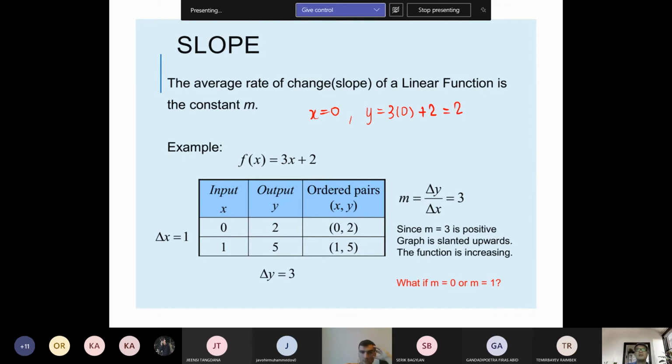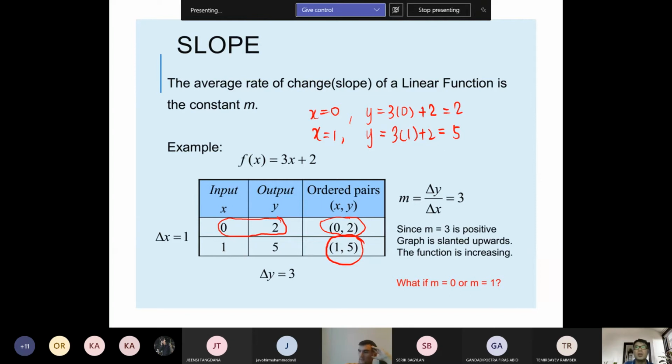So we have one point here: the x is 0, the y is 2. Now when the x is 1, what is the y? It will be 5. Yes, 3 times 1 plus 2 is 5. So then we have (1, 5) as another point.